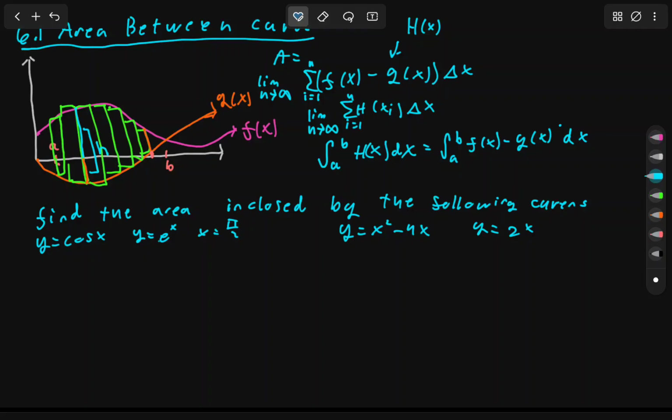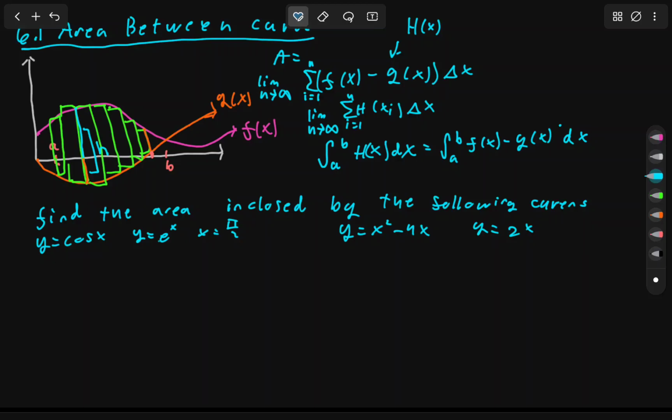So now if we want to apply this to our world of mathematics, we're often going to be asked to find the area enclosed by curves. So we are going to be given two curves. We're going to have to solve for where they're equal to each other, and then we will use those points to find a solution.